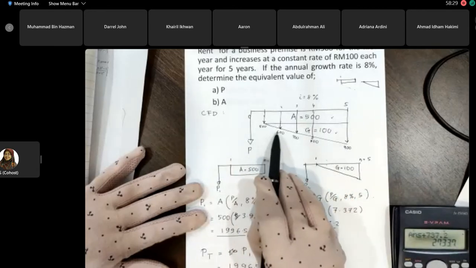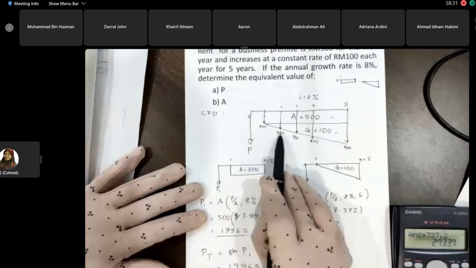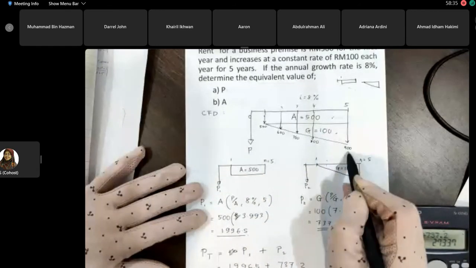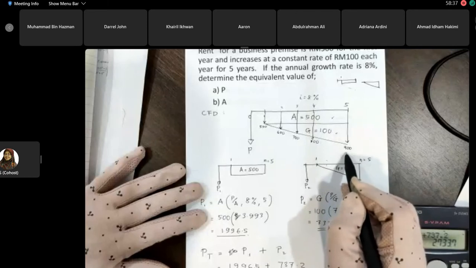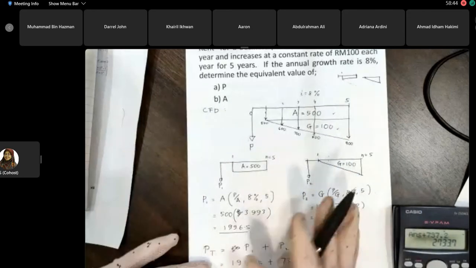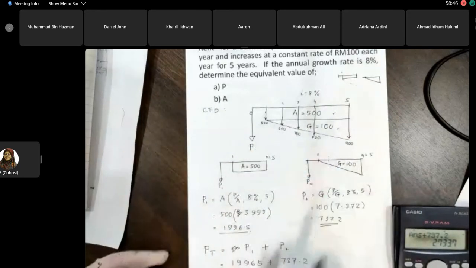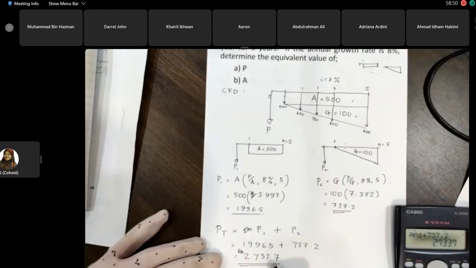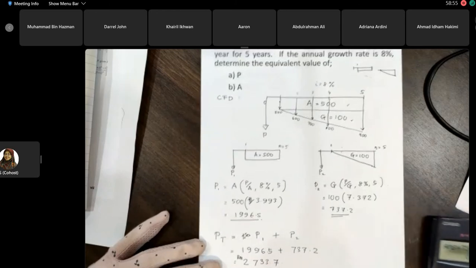That means you have to pay 500, then for the second year 600, 700 and so forth, until the 5th year you have to pay 900 ringgit per year. Okay, so the equivalent for the P value is 2,733.7. Okay.